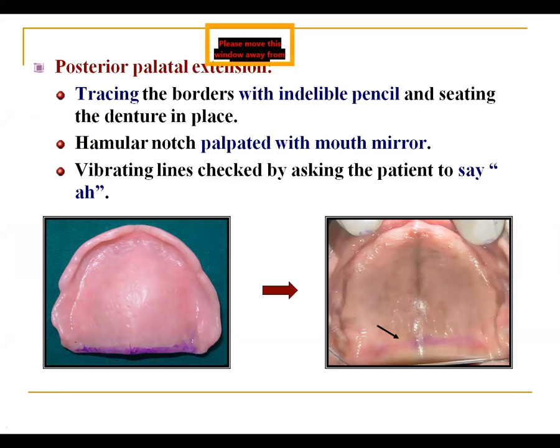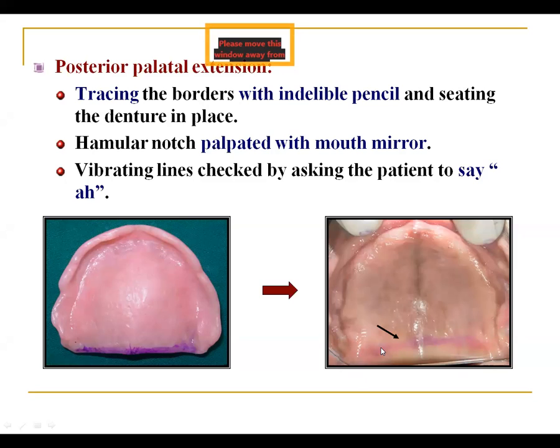You have to mark the PPS line in the patient's mouth. First we mark the PPS line in the patient's mouth, from this hamular notch to this hamular notch, the starting point.